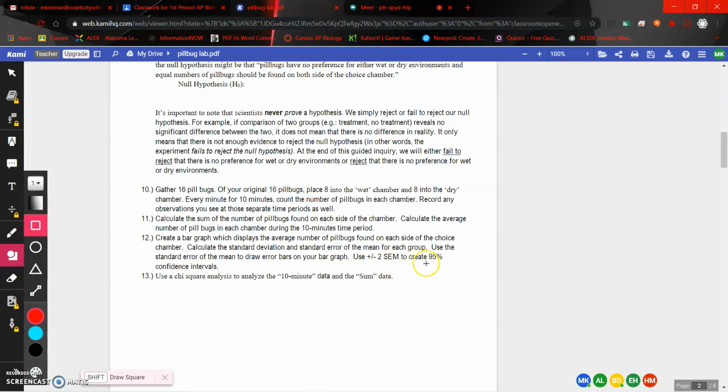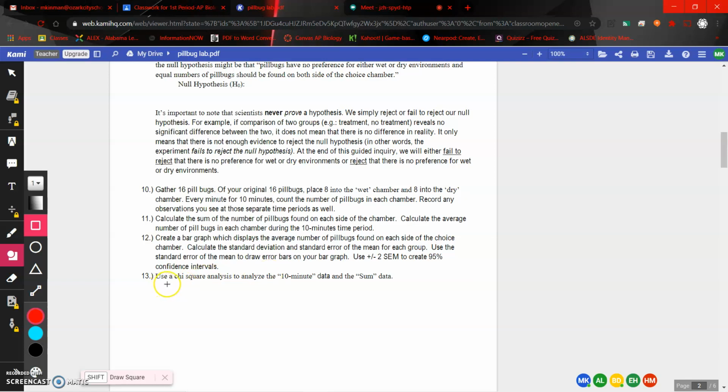What that is basically saying is that we want to have 95% confidence in our means, and obviously 5% left over for error. So we're giving ourselves a little bit of leeway because unpredictable things will happen. For example, when you were watching the video, one of the pill bugs actually escaped. So we're going to account for 5% error.